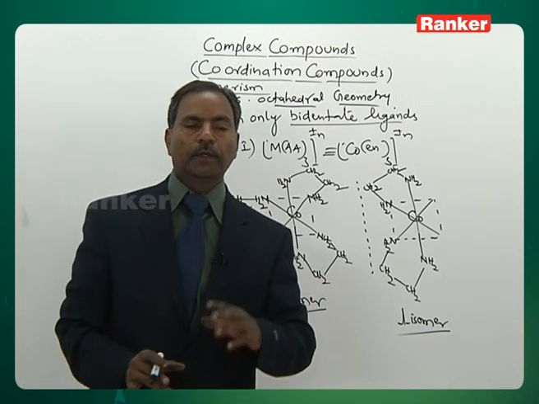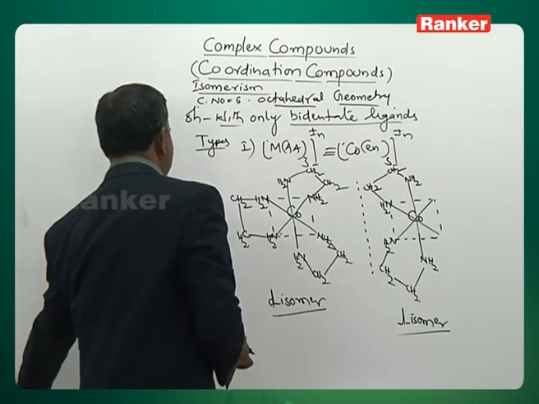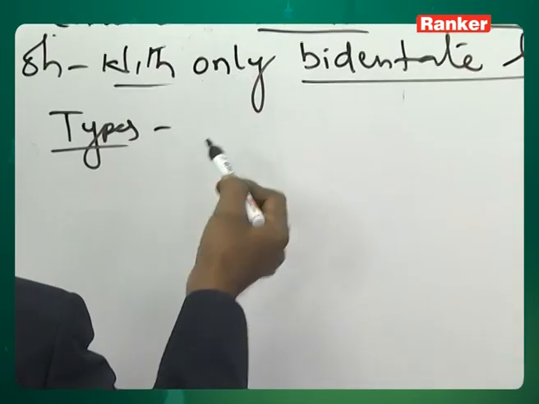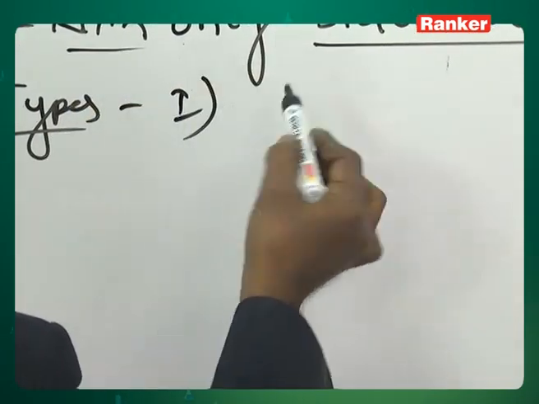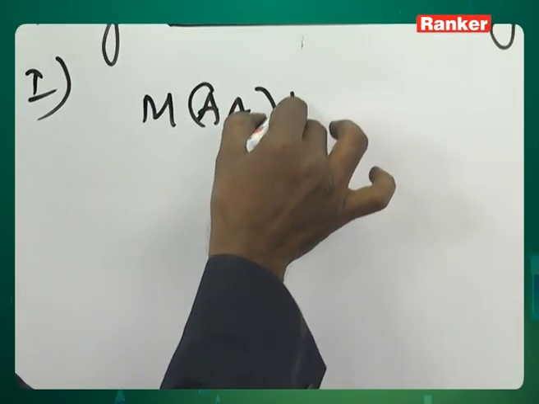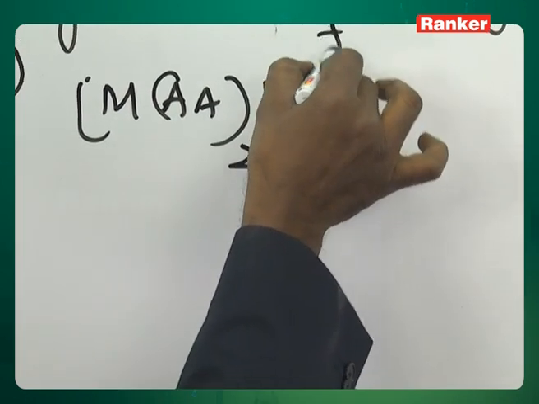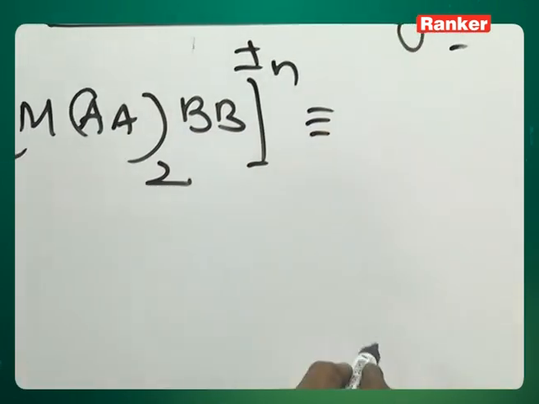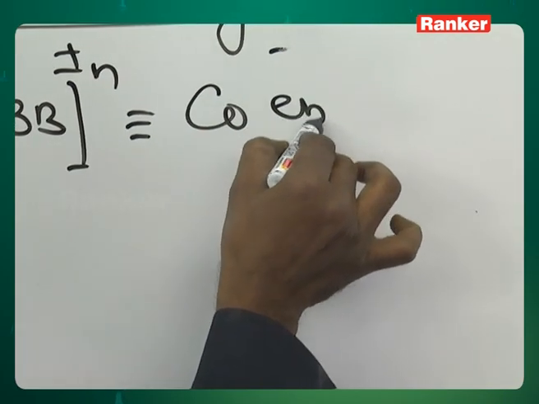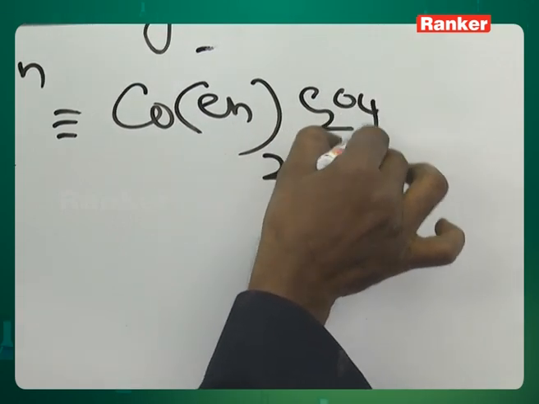Let us take two different bidentate ligands. Next, MAA taken twice, BB you take. The first model only, MAA taken twice, BB. Two different bidentates. What example can you write? Take en taken twice, C2O4 you take.